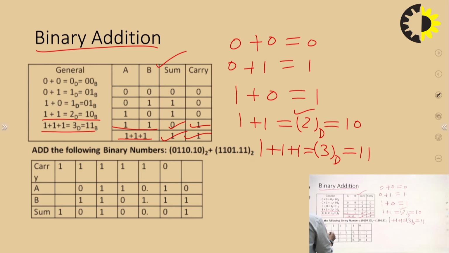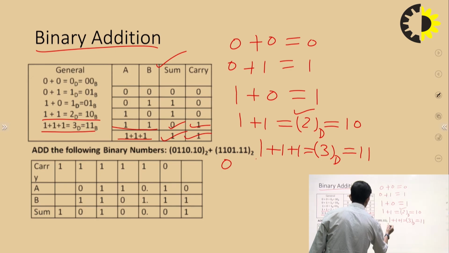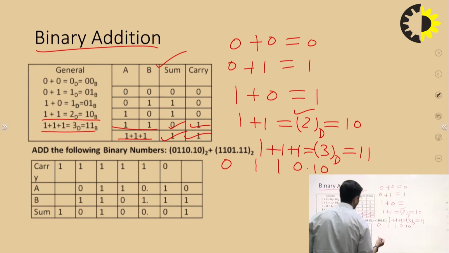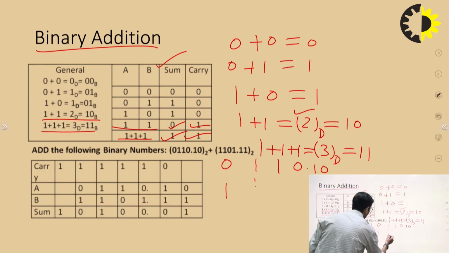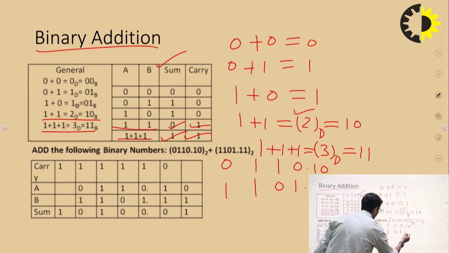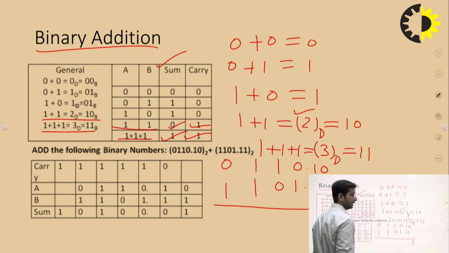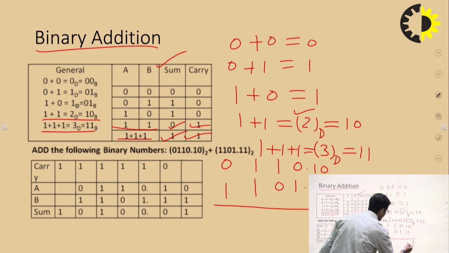If we want to add these two numbers, one number is 0 1 1 0 dot 1 0 and the second number is 1 1 0 1 dot 1 1. So 0 plus 1 is 1, 1 plus 1 is 1 0, that means sum is 0, carry is 1, carry will appear here.